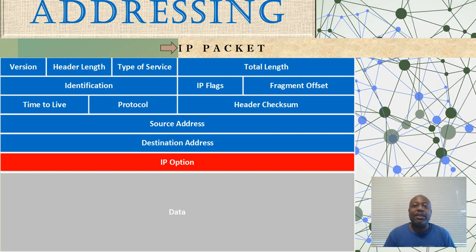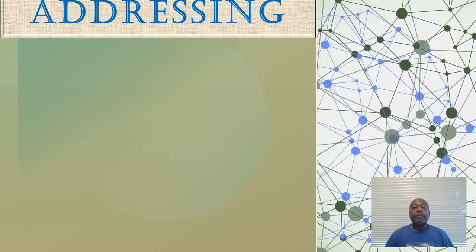You will see that here we need to clearly identify the source and the destination so that the data that we have in the big gray box there will flow easily between the devices that are supposed to be in communication. So we need in each packet to identify who is sending the data and to whom the data is sent. This is going to permit us to avoid information going in the other direction.